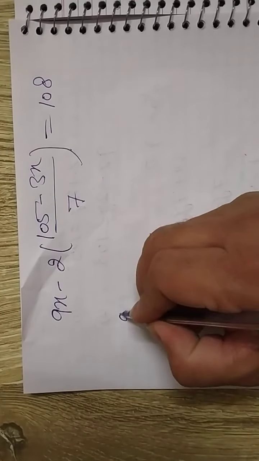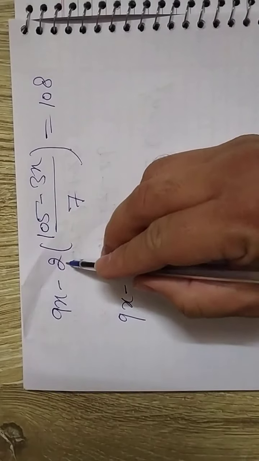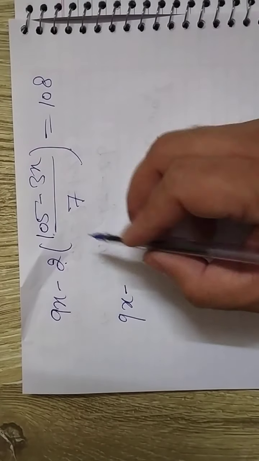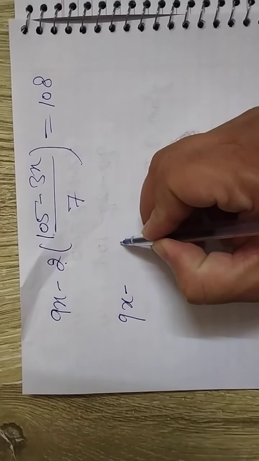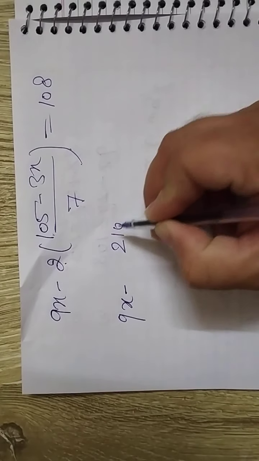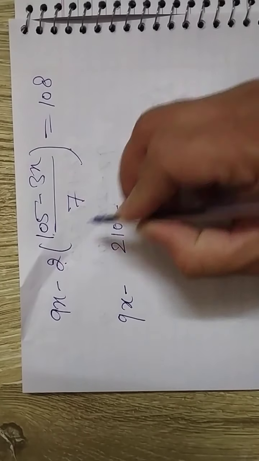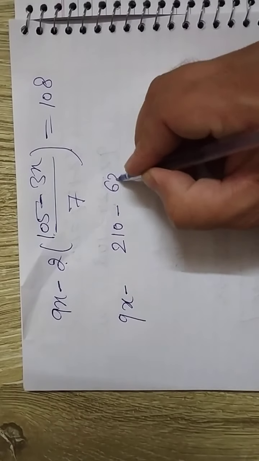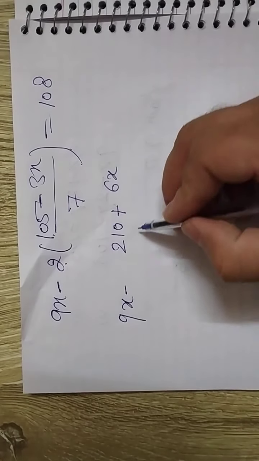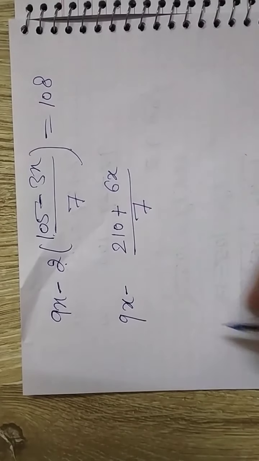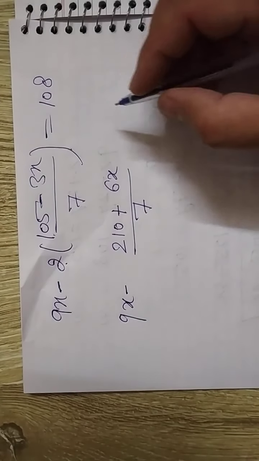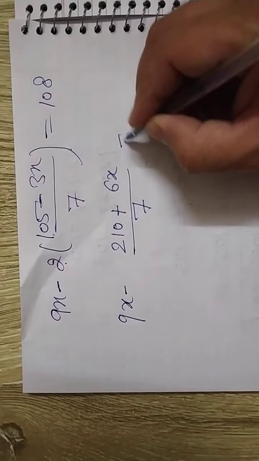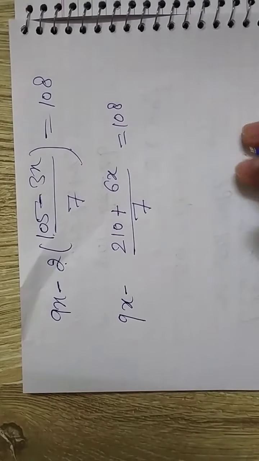Now we'll continue. 9x, multiply 105 by 2. So what will come? 210, minus, this minus and this minus, negative times negative is positive. This is 6x upon 7 equals 108.